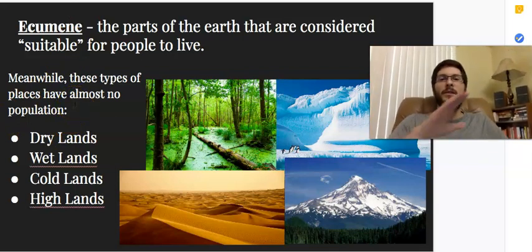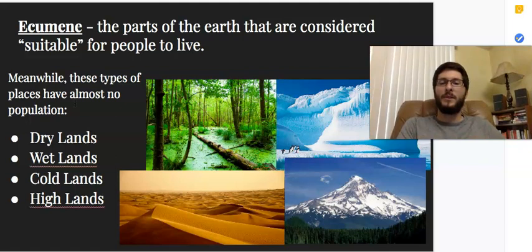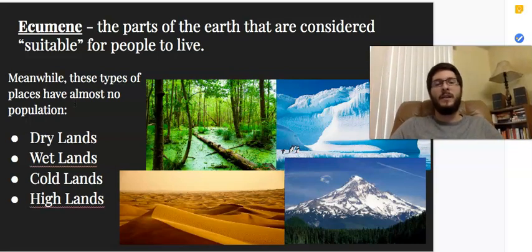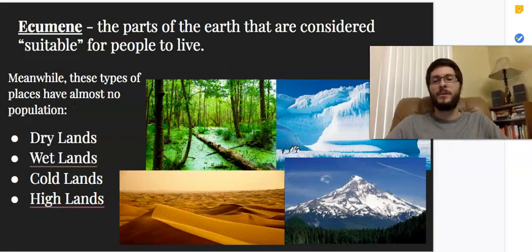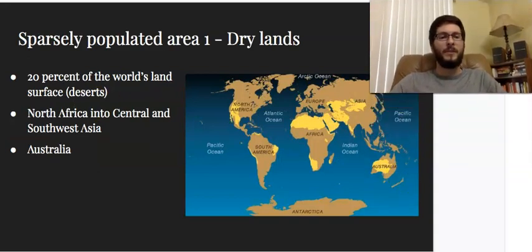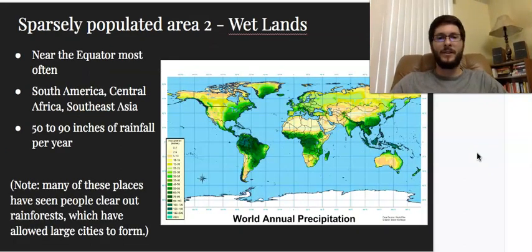The top 4 areas that are not livable are dry areas, places that are too wet, places that are too cold, and places that are too high in elevation to sustain people. I'm not going to go really in depth on it. You can take a look through each of these slides if you'd like to. Just know that people aren't living in the deserts, right?